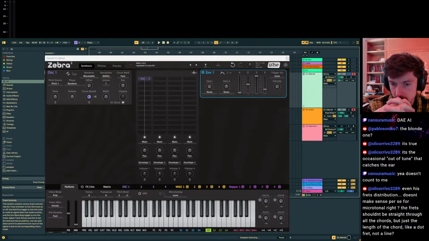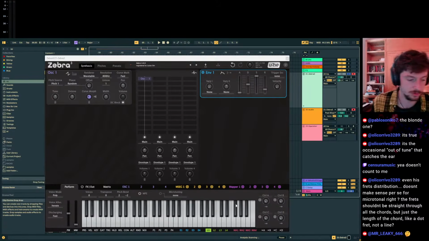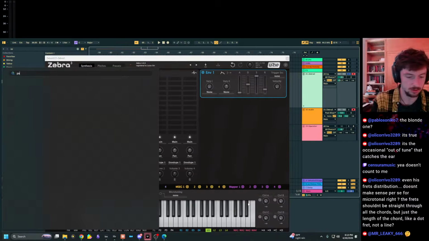Because 24 EDO is a superset of 12. How would I best show this?